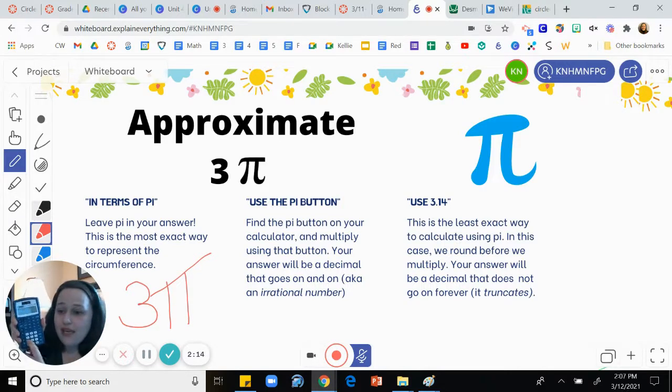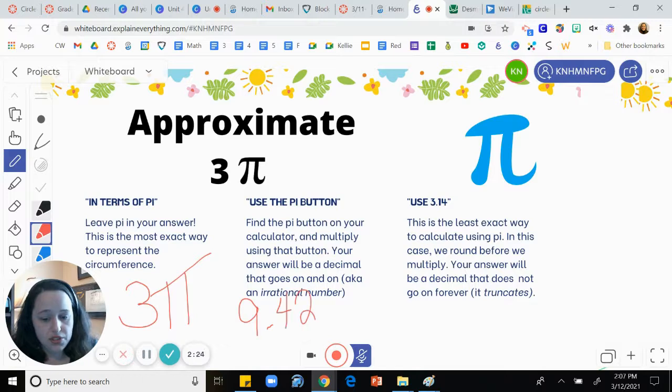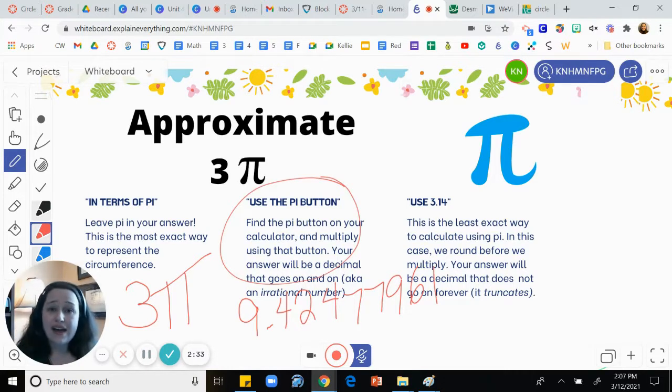So I'll take 3, and you should just be able to hit 3 pi, which I know it doesn't show up very well, but what I see on my calculator is 9.424779761. And if you notice in the description here, it's going to go on and on forever. So you'll want to round that, maybe to 2 decimal places. So maybe you'll actually just say 9.42.